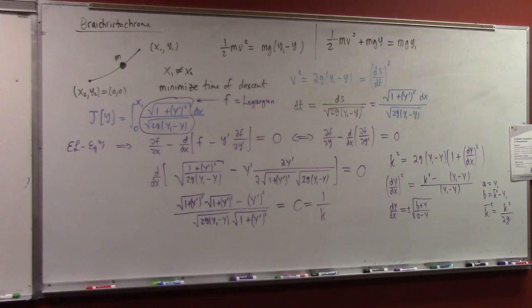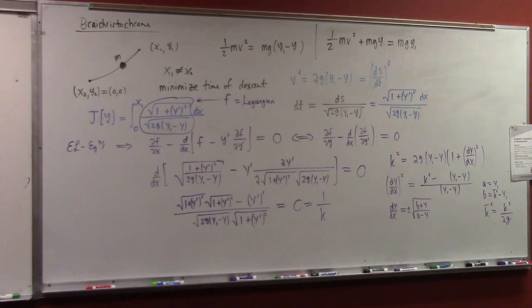The integral is not trivial, but after some work, this has solution x equals (a plus b over 2) times (theta plus sine theta), minus d.